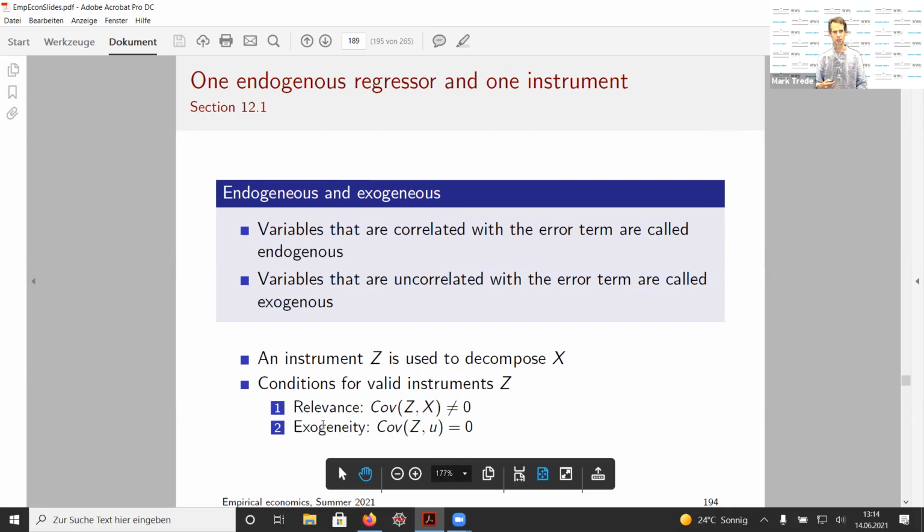And the second condition for an instrument to be valid is called the exogeneity condition. And it states that there's no correlation between the instrument and the error term. That's the exogeneity condition. So two conditions. There must be correlation with x, and there must be no correlation with u. And then the instrument Z is a valid instrument.